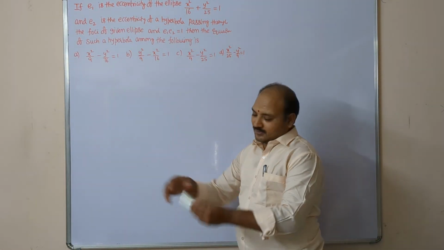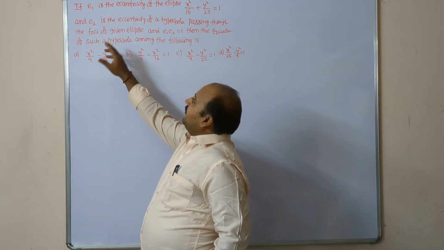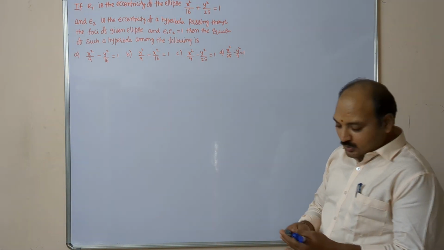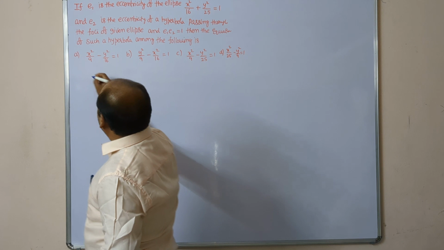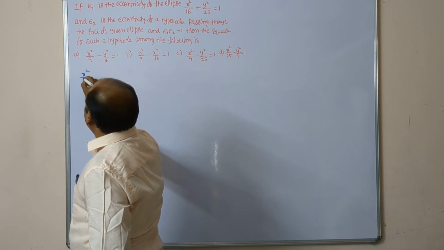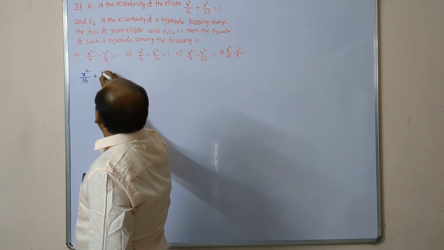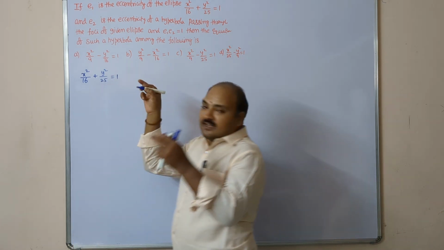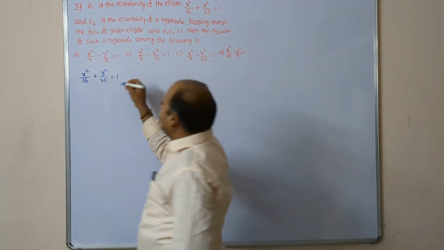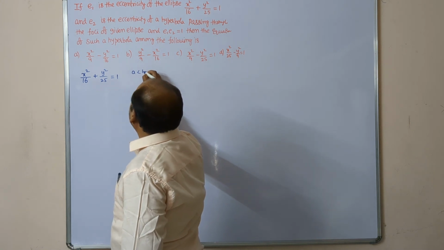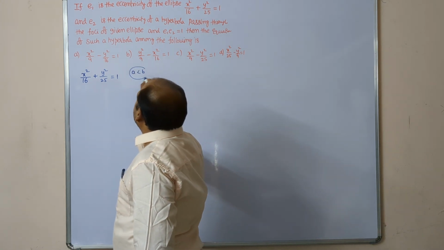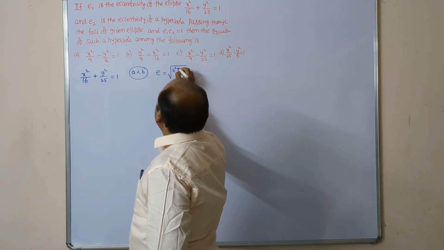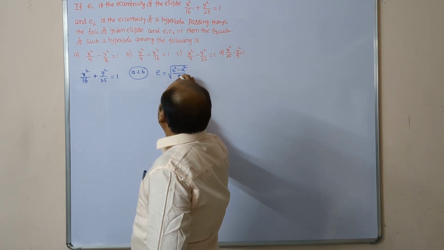The next question. If E1 is the eccentricity of the ellipse x square by 16 plus y square by 25 is equal to 1. In this case, clearly we are observing that A is less than B. Whenever A is less than B, eccentricity E is equal to root over B square minus A square by B square.